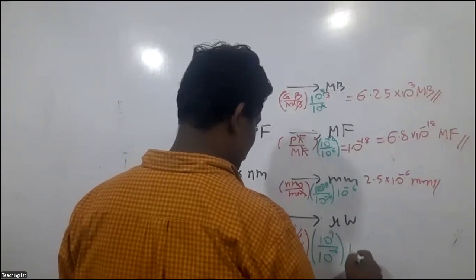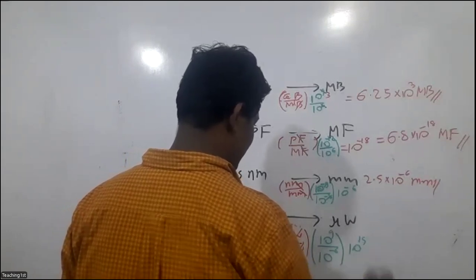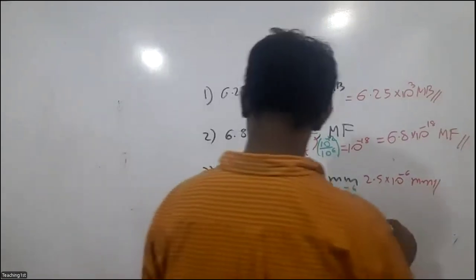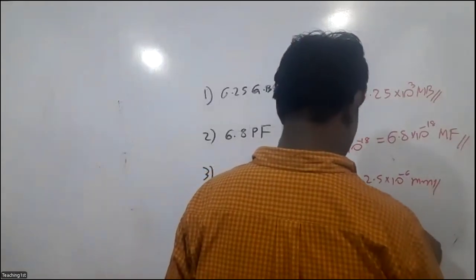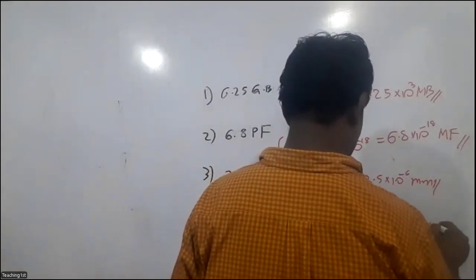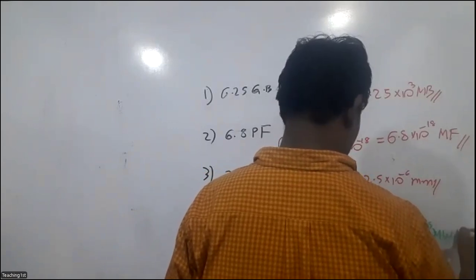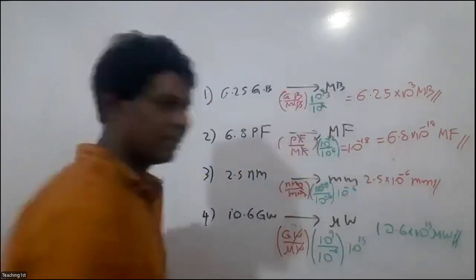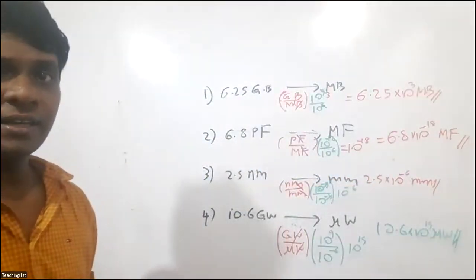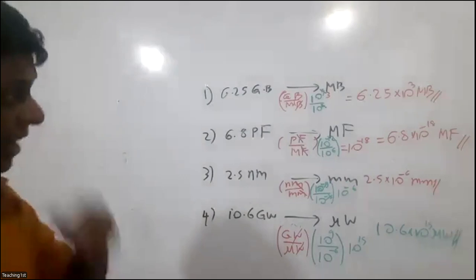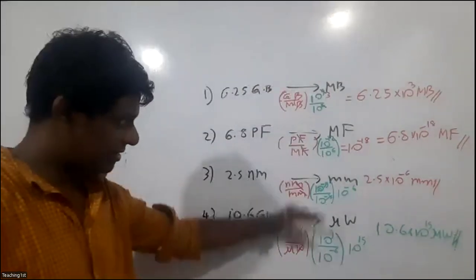It is going to be 10 to the power 15. Answer is 10.6 into 10 to the power 15. What is it? Microwatt. That's it. I think all of you may have got the correct answers for these.